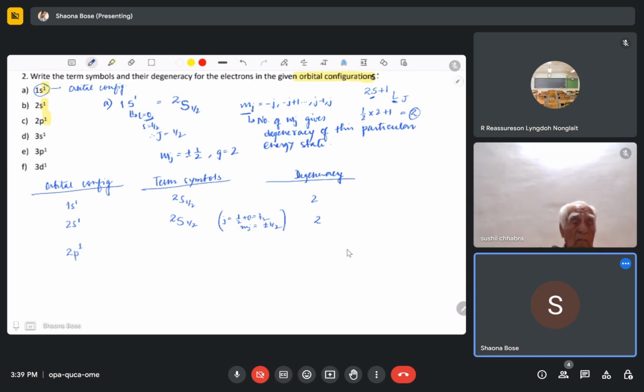The third one, 2p1, again we'll follow the same. So our multiplicity is 2. And L, right?